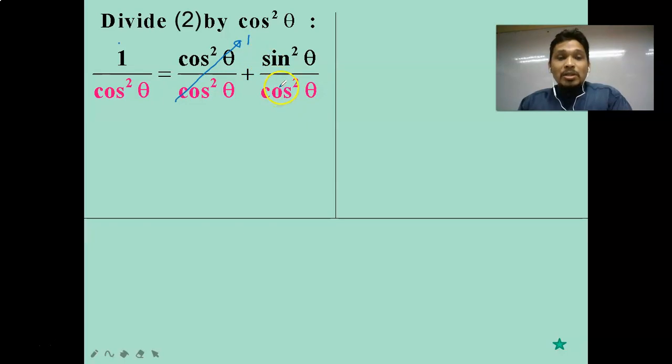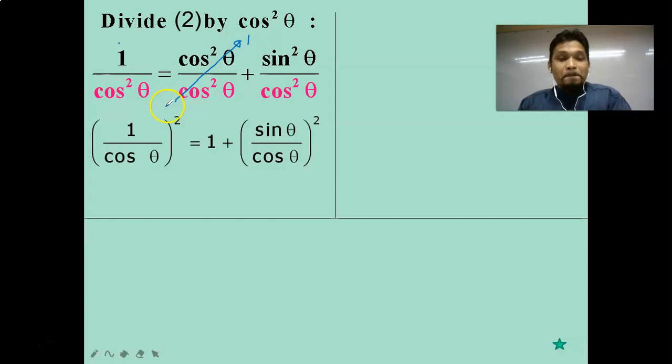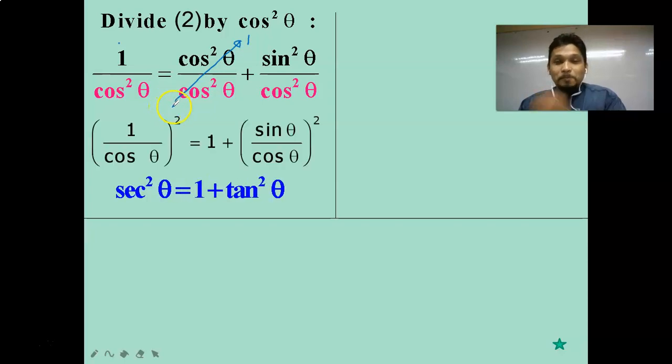Sine over cos equals tangent, am I right? So sine squared over cos squared gives tangent squared. And 1 over cos is secant, so 1 over cos squared is secant squared. There you go.